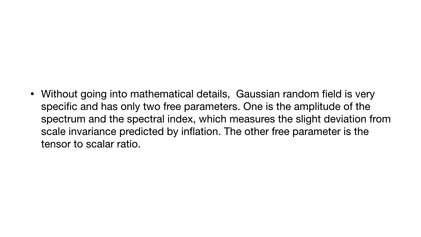One is the tensor to scalar ratio, which basically describes the frequencies in the random wave field. The other is, of course, the amplitude. So there are two parameters: one is the amplitude of the spectrum, or call it the spectral index, and the other is the tensor to scalar ratio.